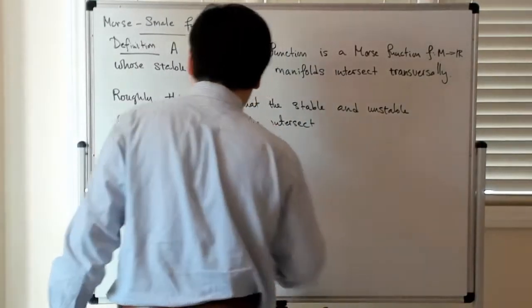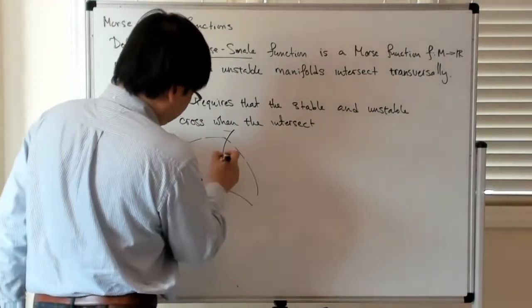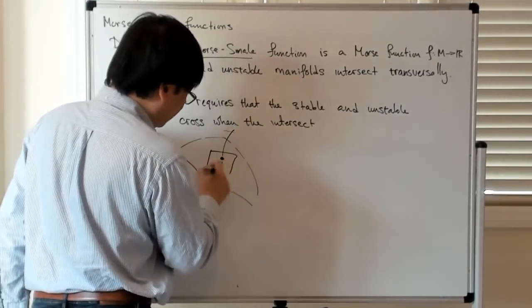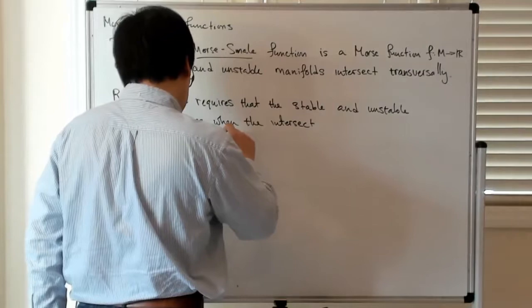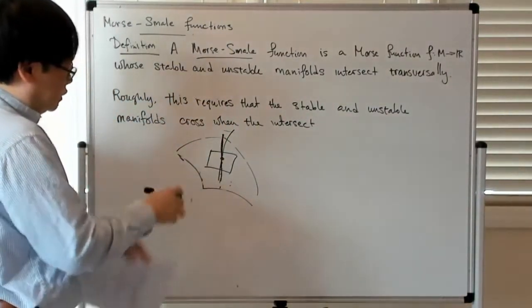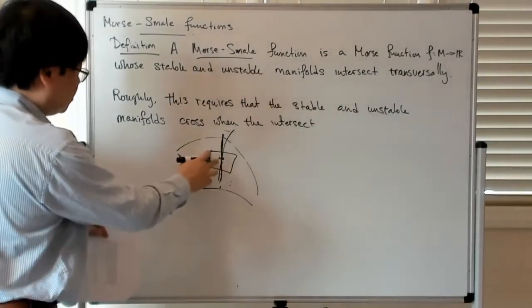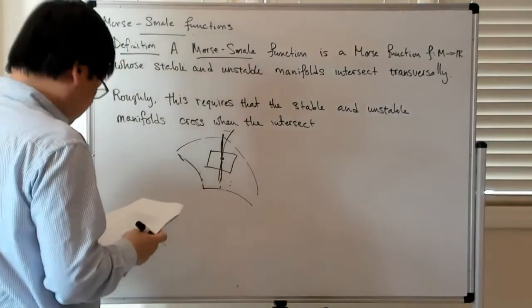Let's look at it this way: you have an intersection point, you have the tangent space associated with one, and the tangent space associated with the other. Basically, the intersection of those tangent spaces has to be just a single point. So that's what is meant by transversal.